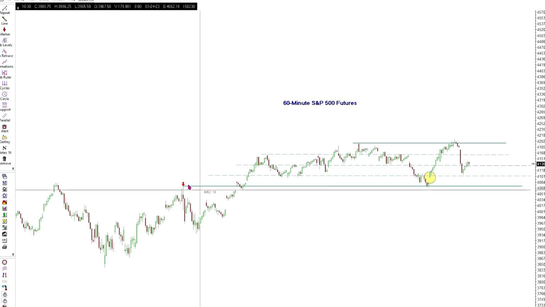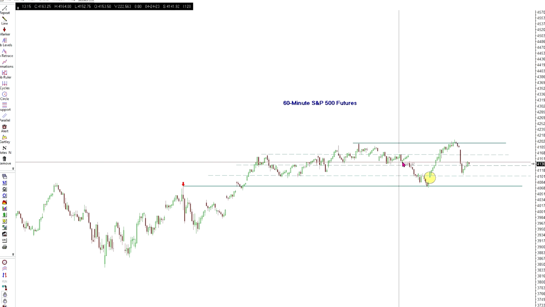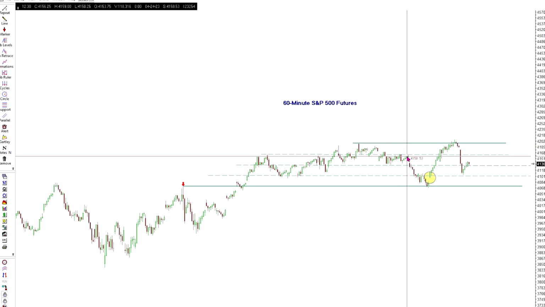You can see here right around this level that the market tested that area, moved to the upside. And so back here, right in this area, this is where I was seeing a breakout setup, and the market did have a breakout to the downside here, and see the gap.